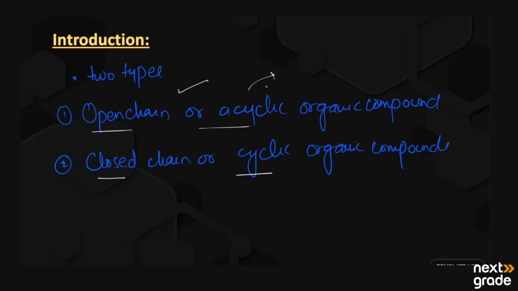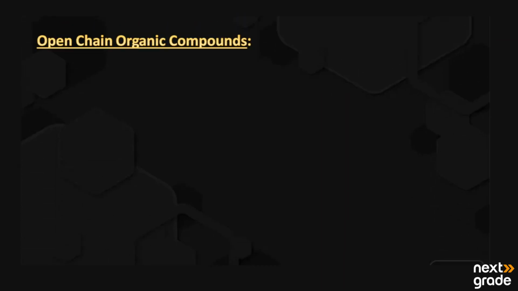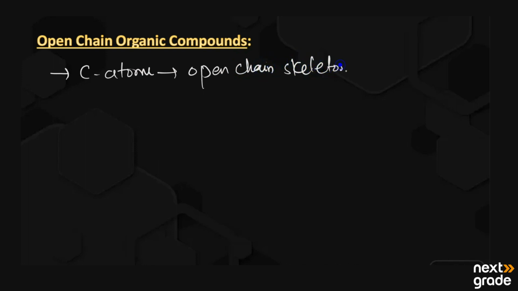So mainly the open chain or acyclic organic compounds, what do we mean by open chain or acyclic organic compounds? These are compounds in which the carbon atoms are in an open chain skeleton, or we can say in an open chain structure, and they form the long possible chains.